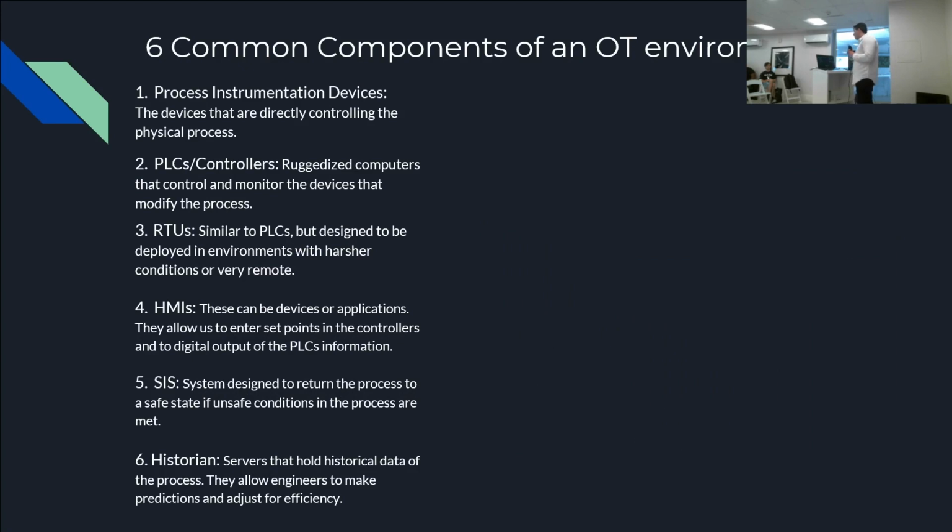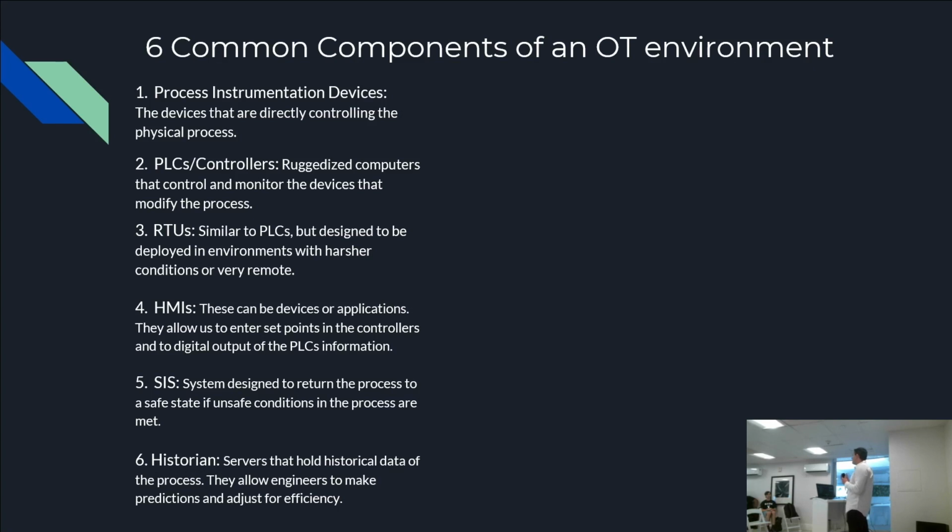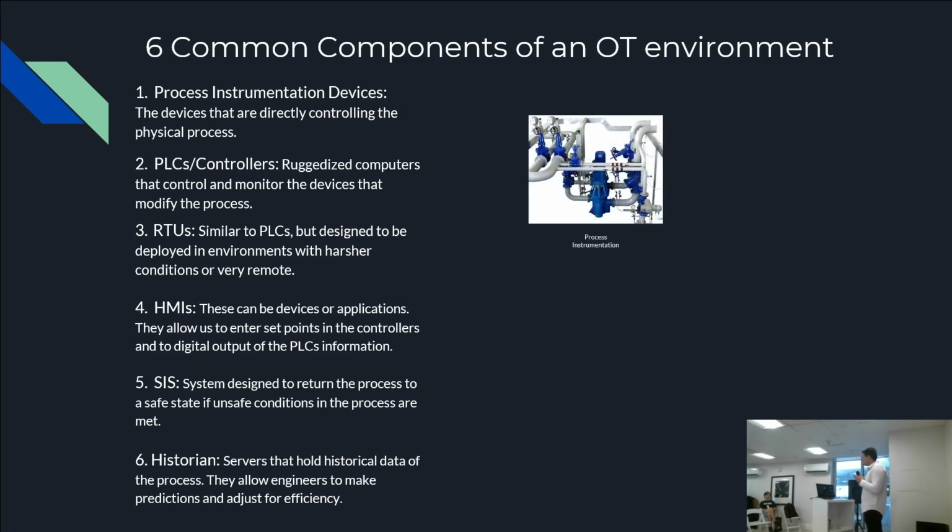Now, what are six common components that we find in ICS environments? The first one is process instrumentation devices. These are the actual physical devices that are connected to the process that we're monitoring and want to control. You can think about valves, pumps, sensors, temperature measurements.